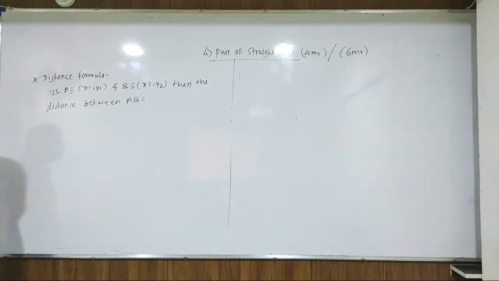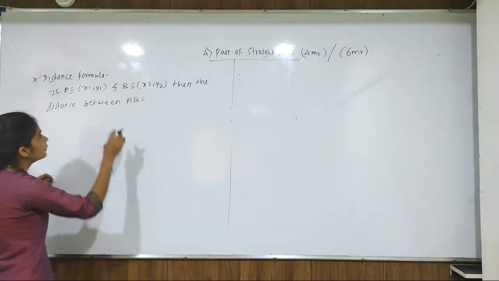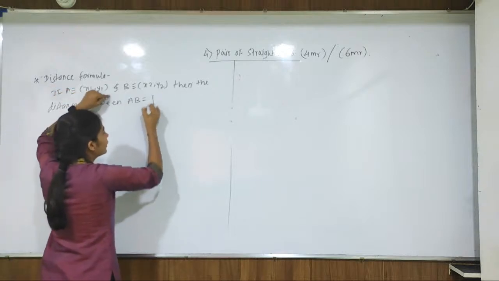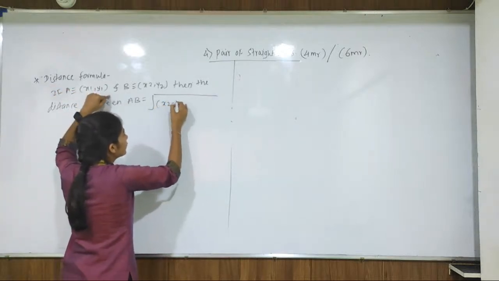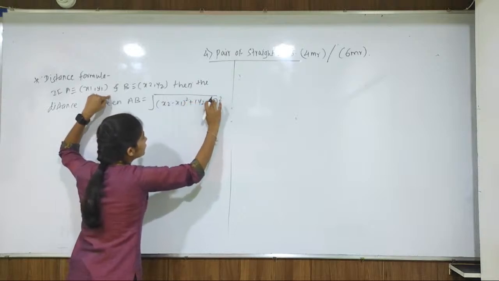What will be the formula? Yes, very good. Under root. Then these are the 2 points. Okay. Then the distance between AB is under root x2 minus x1 bracket square plus y2 minus y1 bracket square.